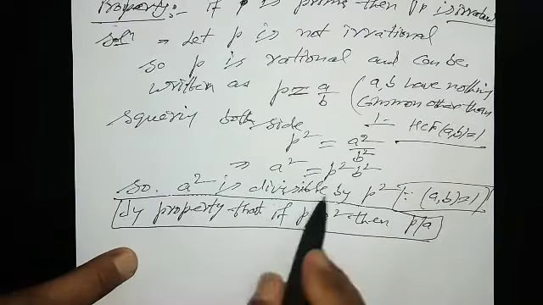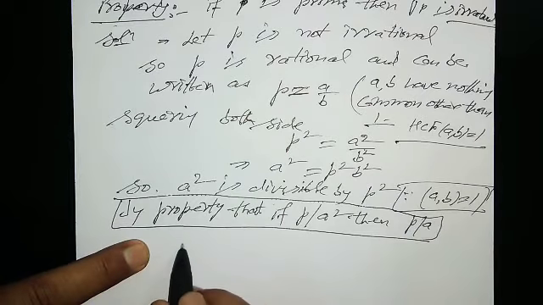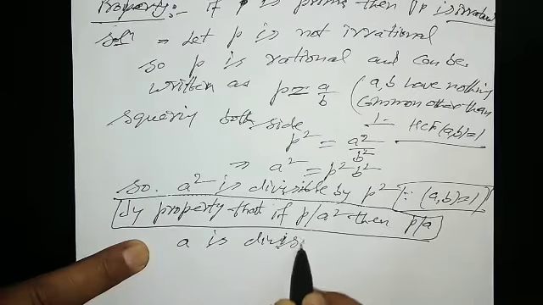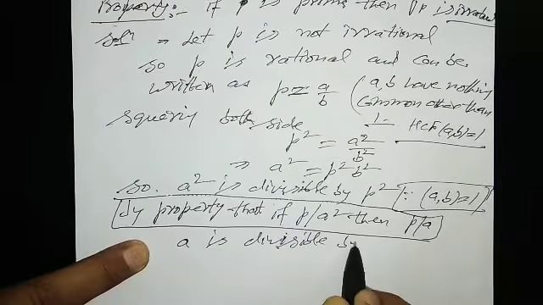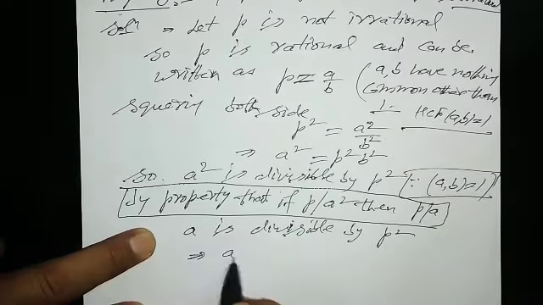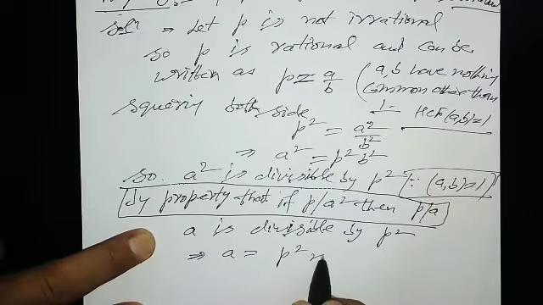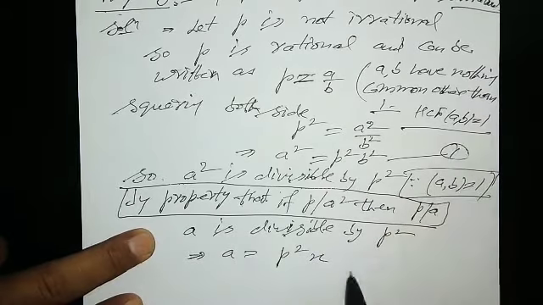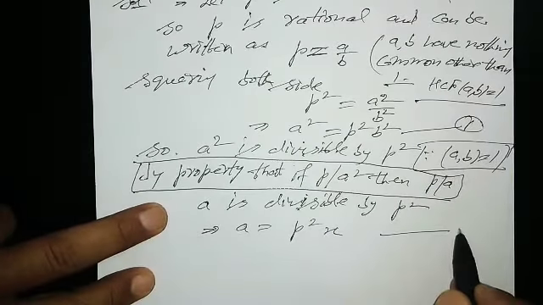We can say that a is divisible by p. So this a can be written as p x, right? This is 1 and this is 2.